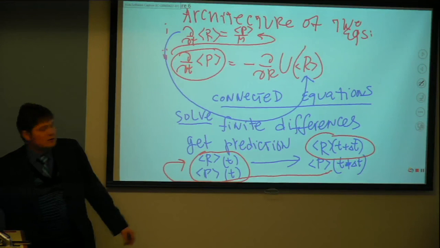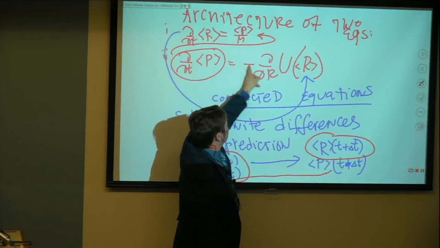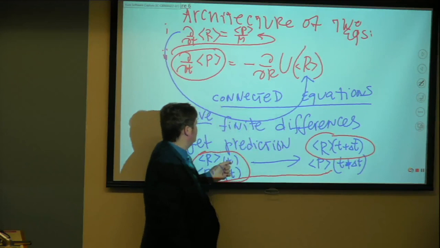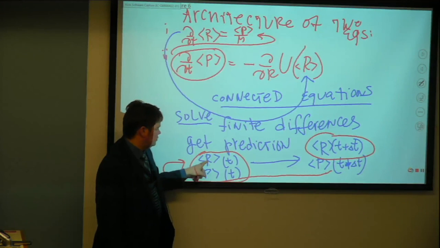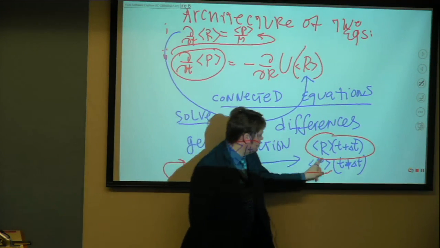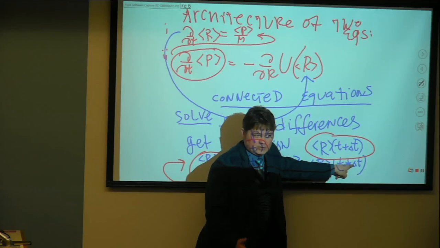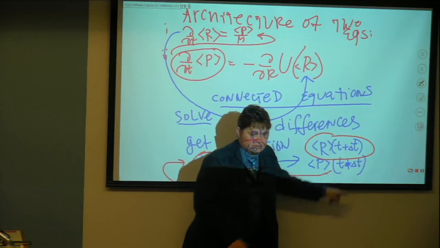And then we do have this set of equations for position and for momentum, and we can solve them simultaneously to get from the expectation values of position and momentum at a certain time to the position and momentum at the next time increment, delta t. So in some sense, we are reconstructing the procedure of molecular dynamics.